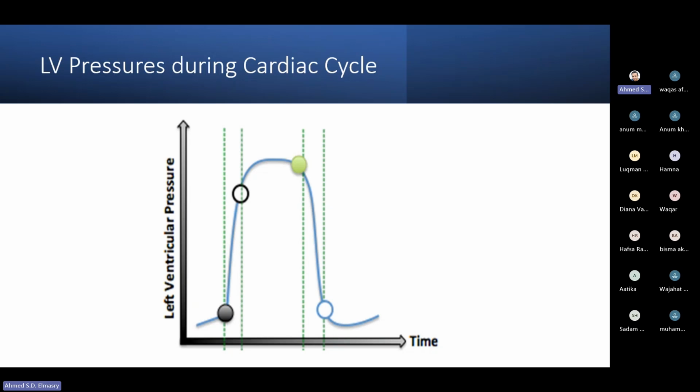And after that, the mitral valve will start opening at the end of the isovolumetric relaxation phase, leading to initiation of the diastolic filling phase. So these are the changes of the pressure inside the left ventricle throughout the cardiac cycle.